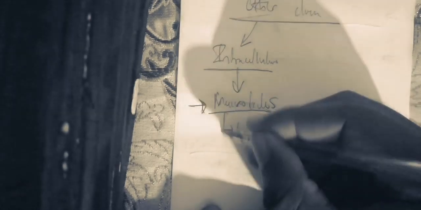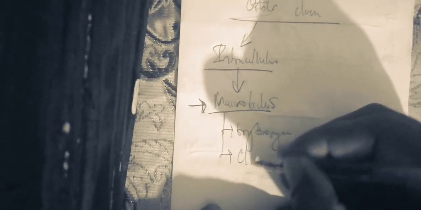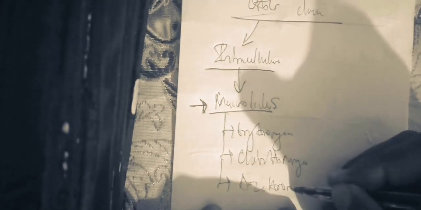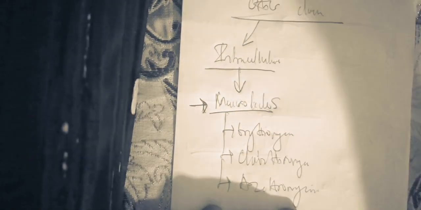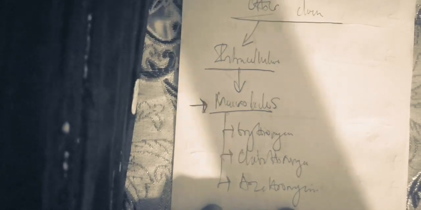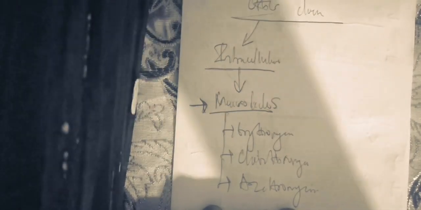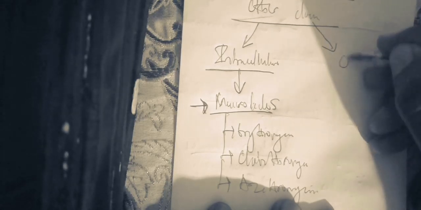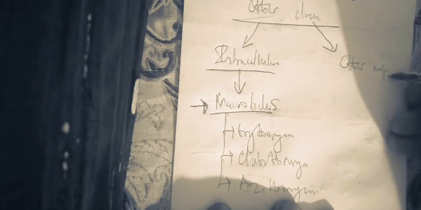We have erythromycin, clarithromycin, and also azithromycin. So those are macrolides which can be used particularly when you want to treat intracellular microorganisms according to the algorithm. Now, the next one was other morphological cells.